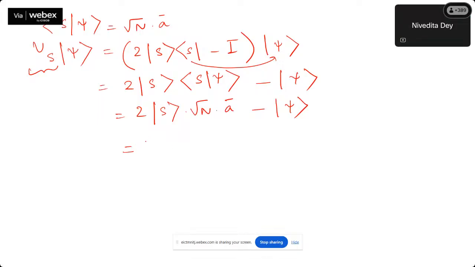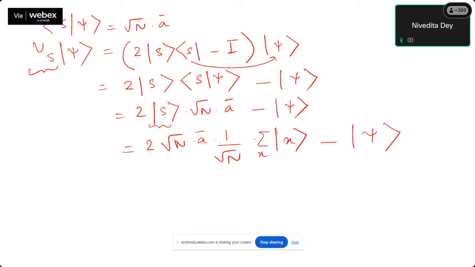Now this is nothing but 2 root n, let me write A bar as well. And this ket S is nothing but 1 by root n into sigma x ket x, and this is my psi. So they will be cancelled out.